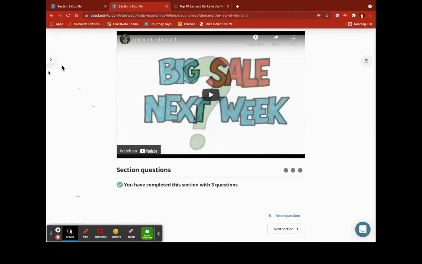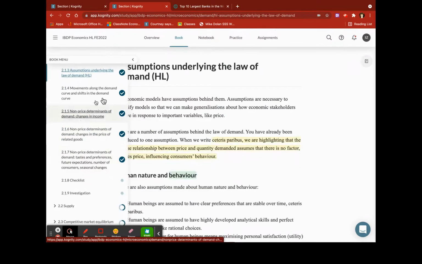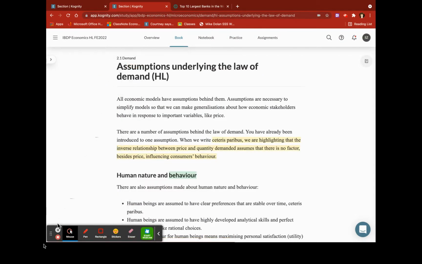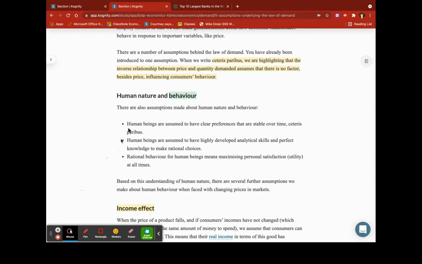All right, let's go on to the next section. We just finished 2.1.2. Now we're going to talk about the assumptions underlying this law of demand. Again, you'll need to understand and know what the assumptions are to be able to use this very simple model. There are some very significant assumptions about human behavior.